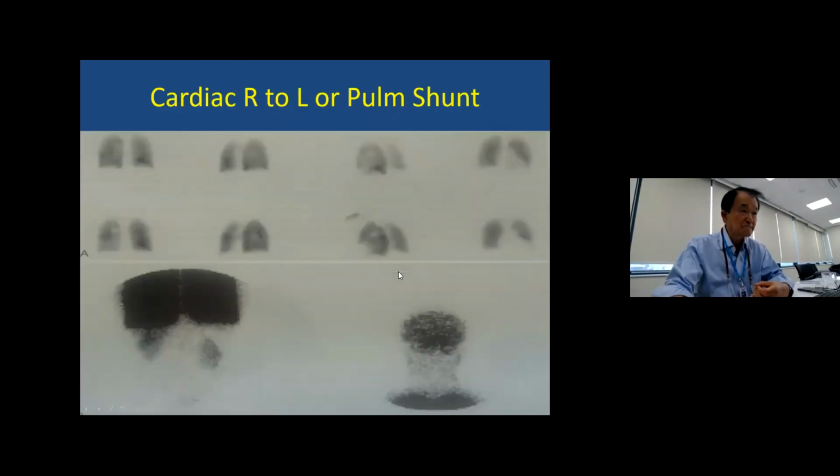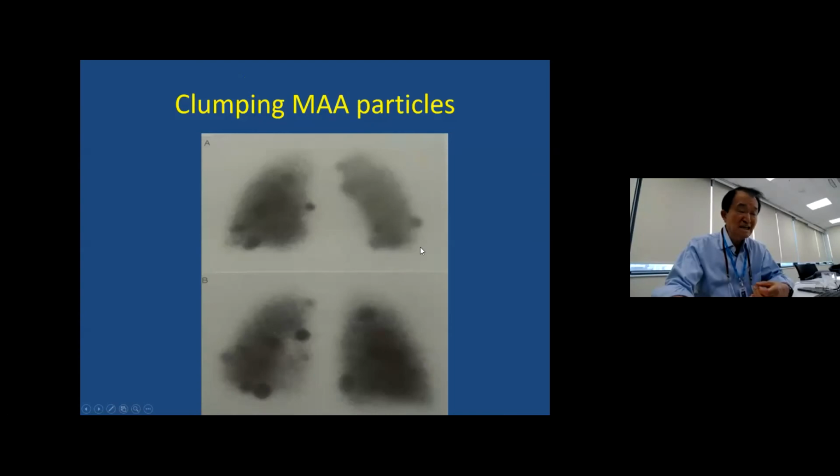But if you use a synthetic microsphere, you rarely see this kind of thing. So in liver hepatic arterial perfusion using a catheter, you must use the synthetic microsphere instead of MAA, because this particle will stick to the catheter.